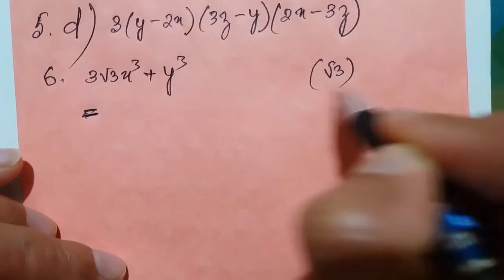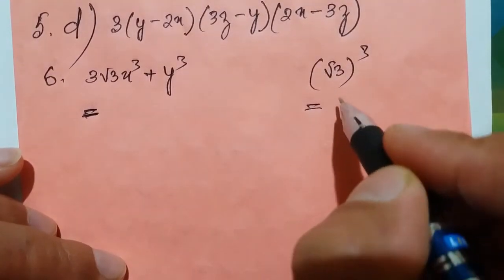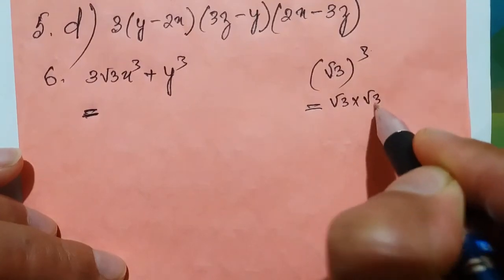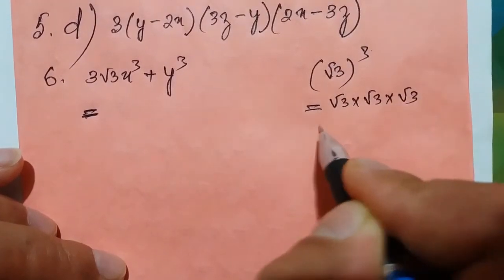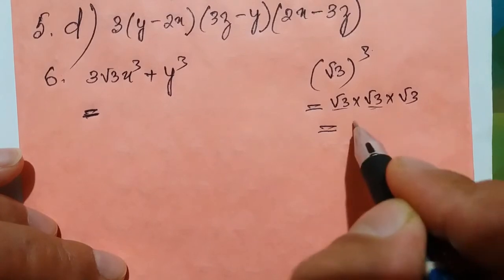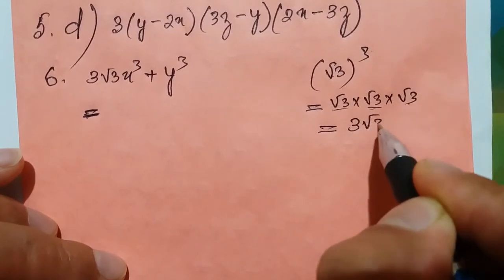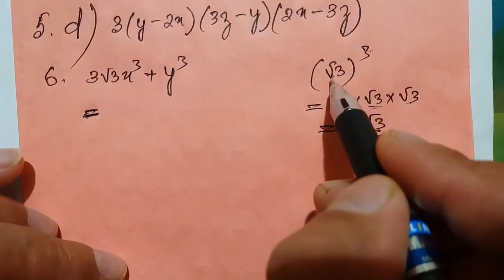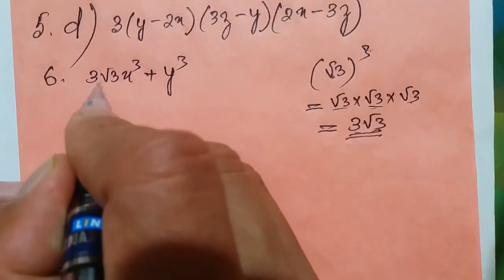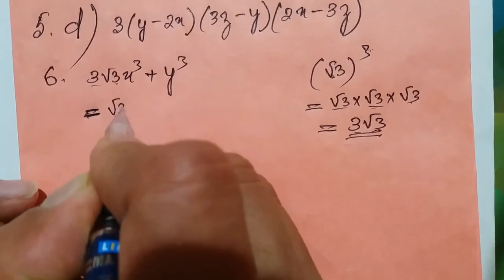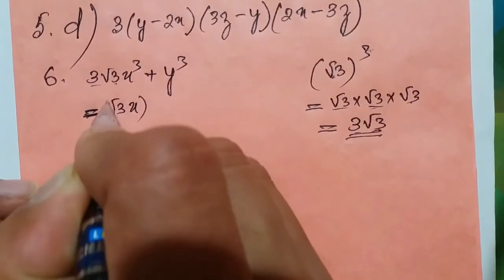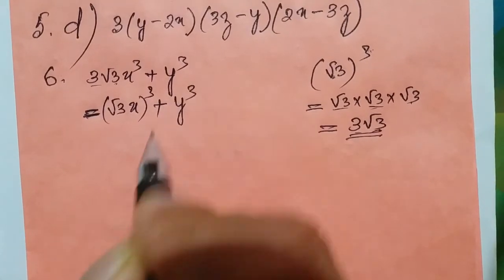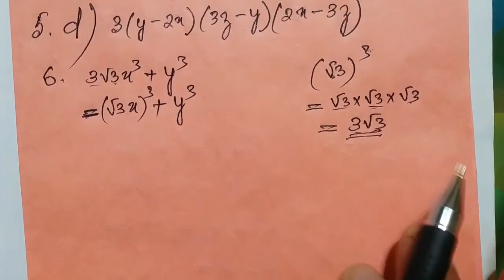Root 3 cube is root 3 into root 3 into root 3. Now root 3 into root 3 is 3, and we have here root 3 again, so root 3 cube is 3 root 3. So instead of 3 root 3, we can write root 3 cube, and x is also cubed, plus y cube. Now this is in the form a cube plus b cube.